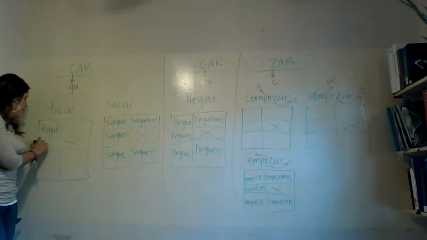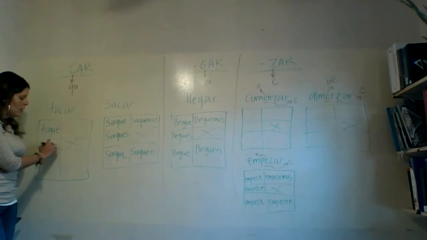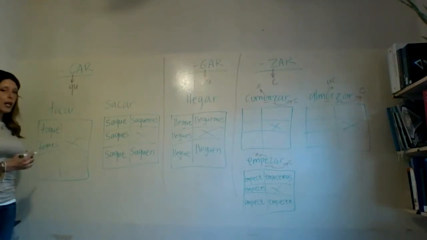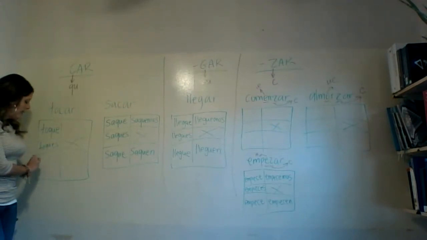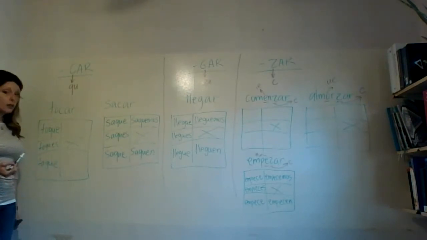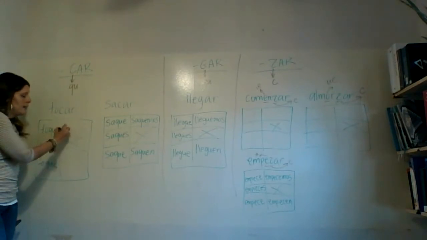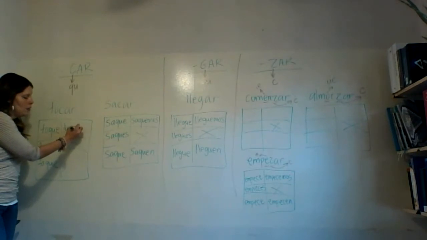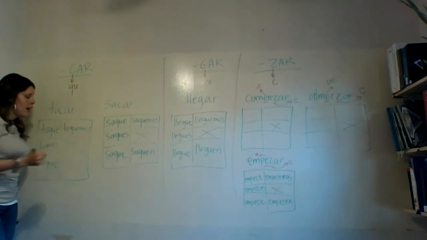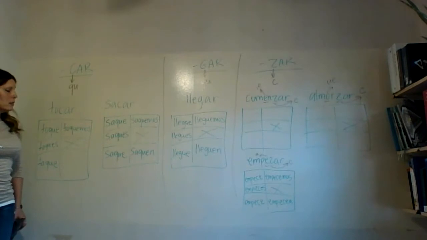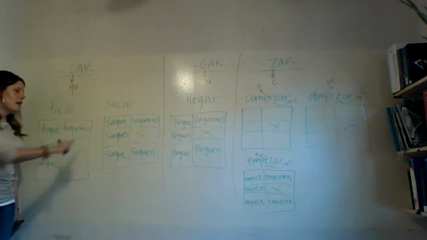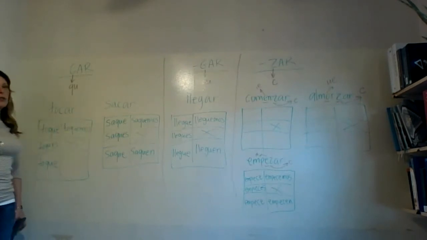So it'll be with conjugation T-O-Q-U-E-S, toques, and then T-O-Q-U-E, toque. Up here in the nosotros, T-O-Q-U-E-M-O-S. Remember still that C is changing to a Q-U, and then we have the E-M-O-S, the proper subjunctive conjugation.